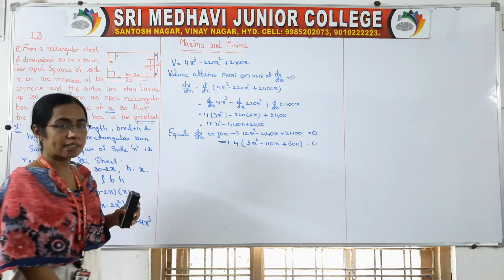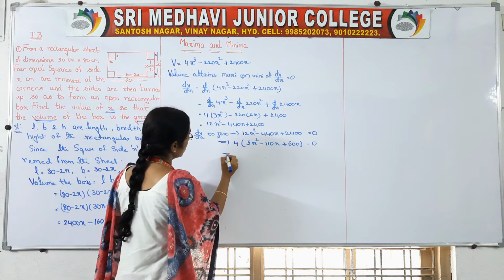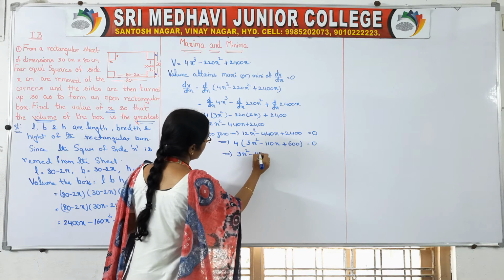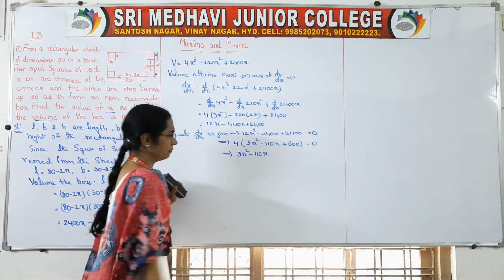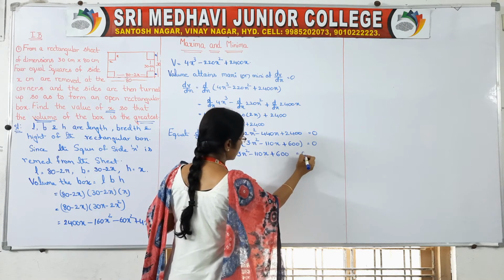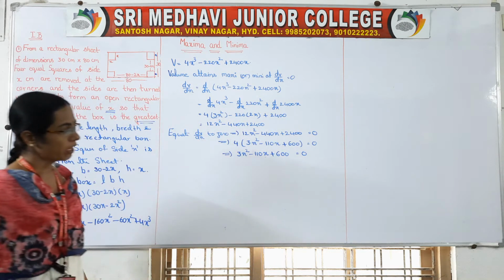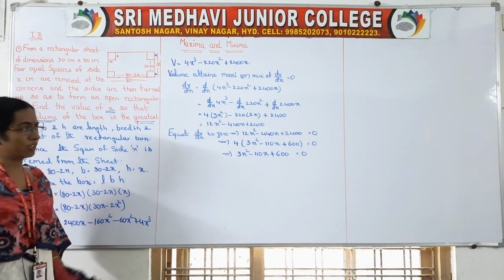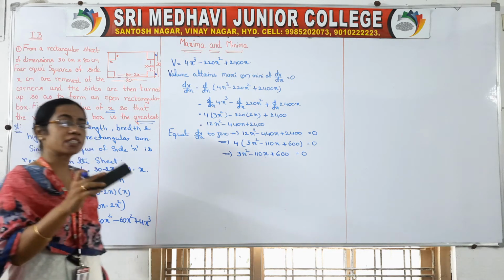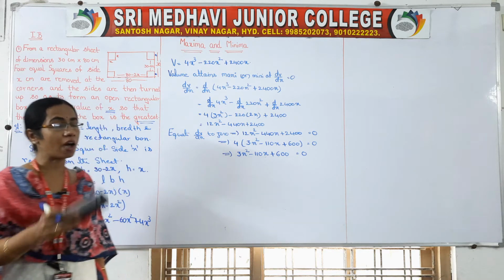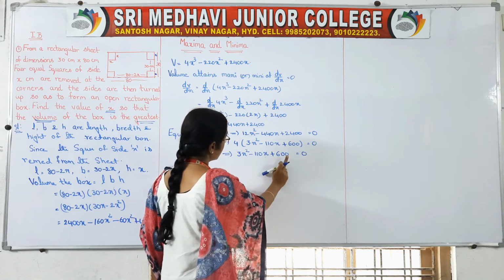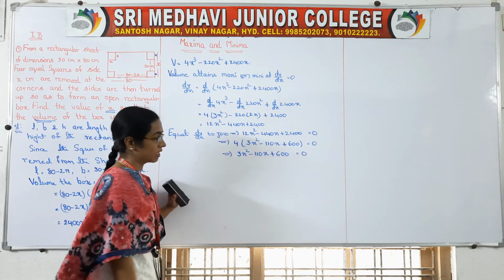Sending 4 to that side, 0 by anything is 0. So 3x square minus 110x plus 600 is equal to 0. Now we have to get the factors for this so that we can get the x value. At that x value, the function attains either maximum or minimum. How will we get factors? First we multiply 600 with the x square coefficient 3.